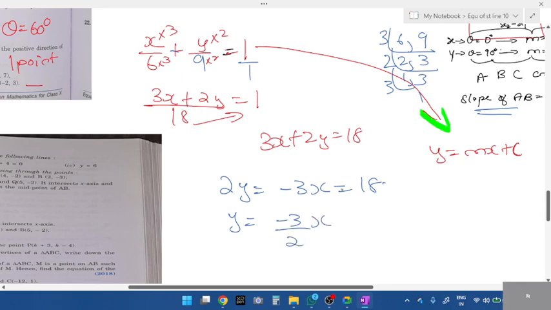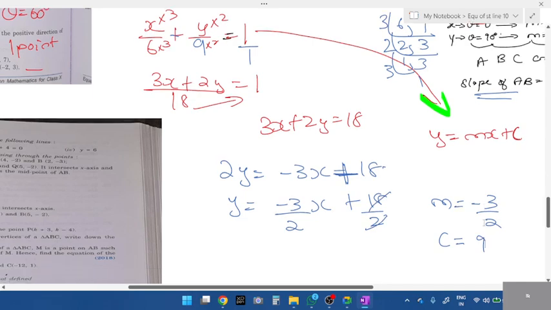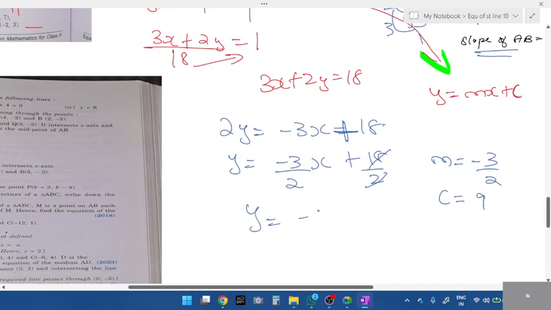It gets divided, right? What is the m value, students? What is gradient? Minus 3 by 2. What is slope? Slope is equals to minus 3 by 2. And 18 by 2 is how much? 9. So our answer would be like this, minus 3 by 2x plus 9. Final answer.